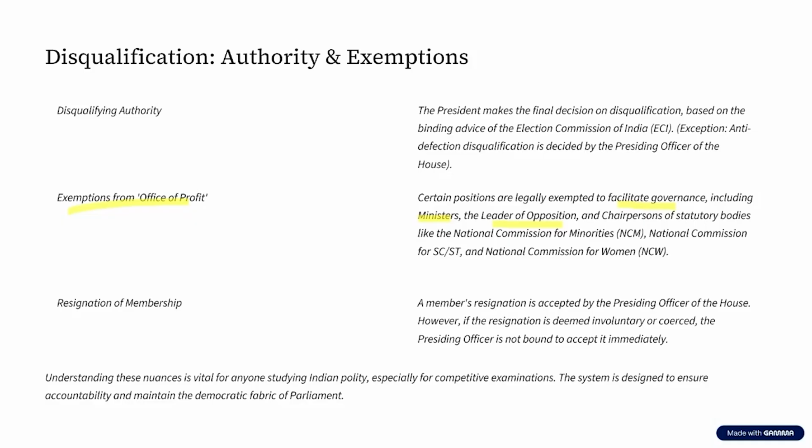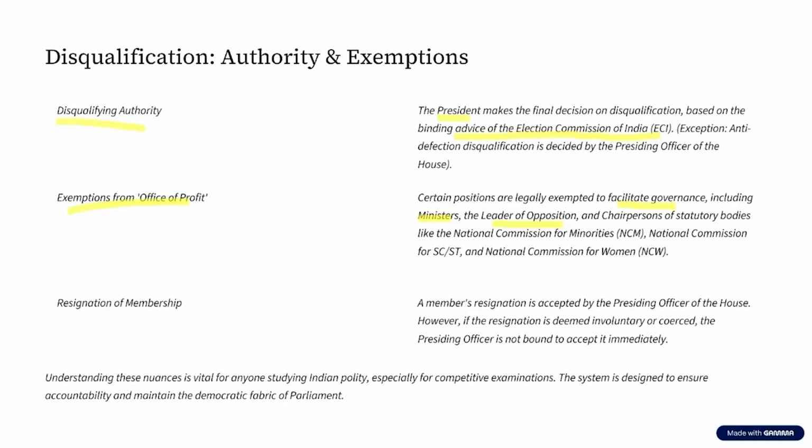Now, there is something called the disqualifying authority. Who is the authority to disqualify these people? The advice has to be given by the Election Commission of India to disqualify any of the people based on the above criteria. To whom is the advice given? The advice is given to the President of India.